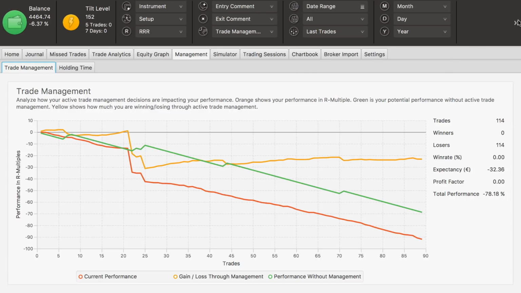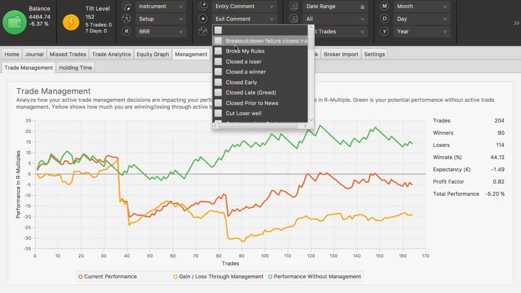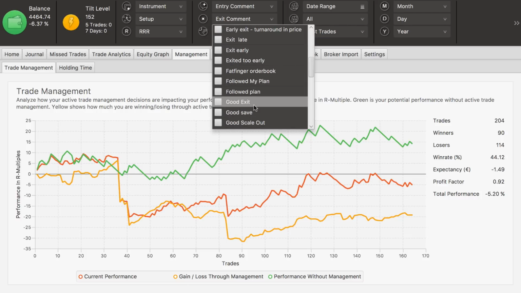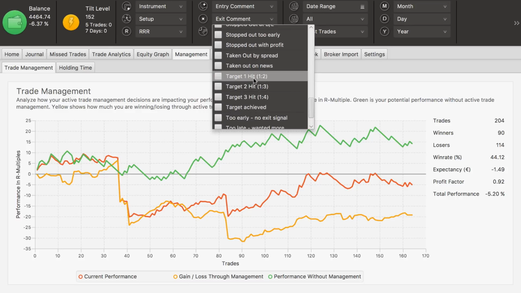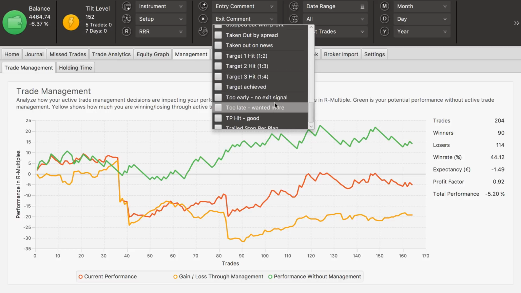Let's clear the filter again and let's take a look at another interesting filter. So now we are back, and now let's take a look at the trades where he exited, because I saw that he's using this quite often. He's using an exit comment where he's often exiting his trades too early here.